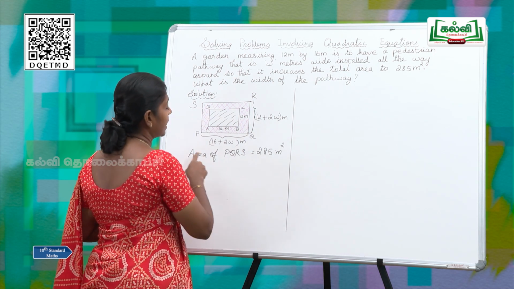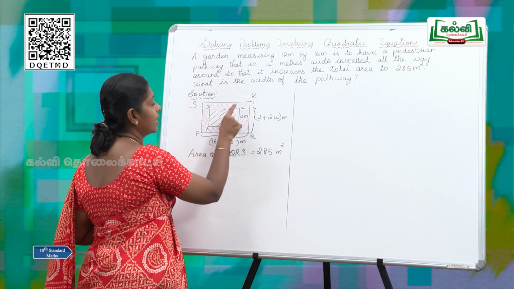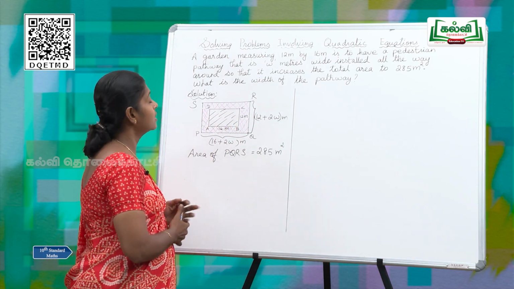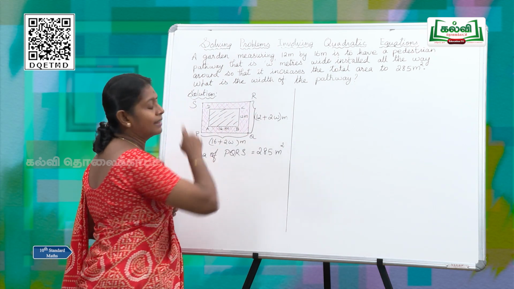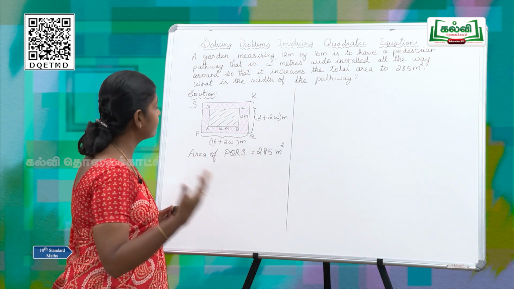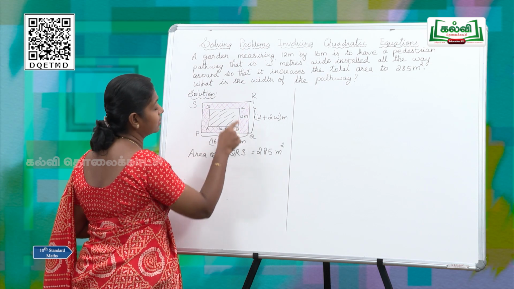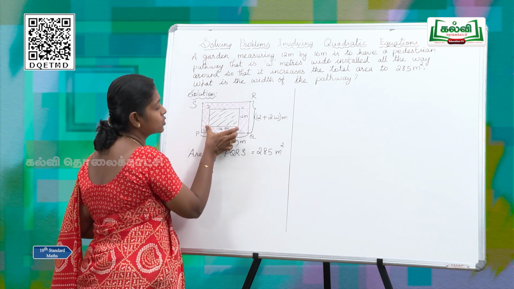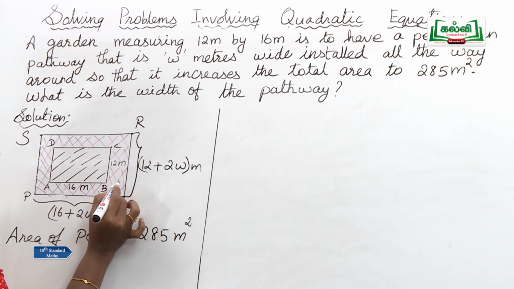Now, listen, the area of PQRS is equal to 285 meters squared. We know the area, we know the dimensions of the garden, but we do not know the dimensions of the rectangle PQRS. We have to use that omega meters clue and find the dimensions. Now, listen, this is 16 meters. So, 16 meters wide means from here to here.